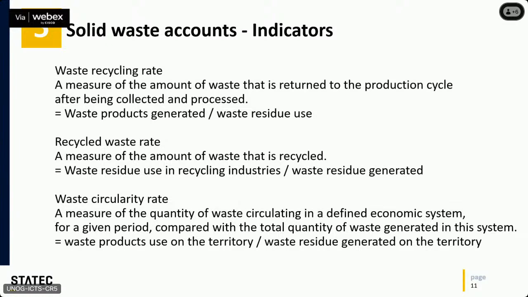The first is the waste recycling rate. This is the measure of the amount of waste that is returned to the production cycle after being collected and processed. We're simply going to look at the entire amount of the waste residue, waste products generated vis-a-vis the waste residue use.